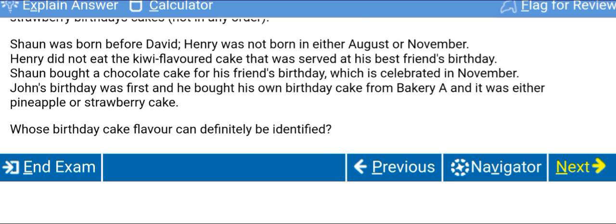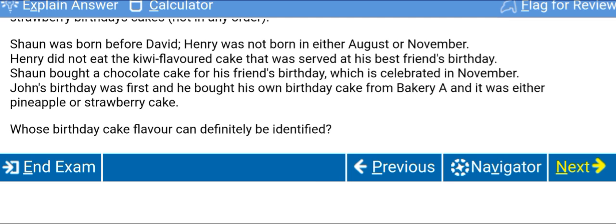So Sean was born before David. Henry was not born in either August or November. Henry did not eat the kiwi flavored cake that was served at his best friend's birthday.